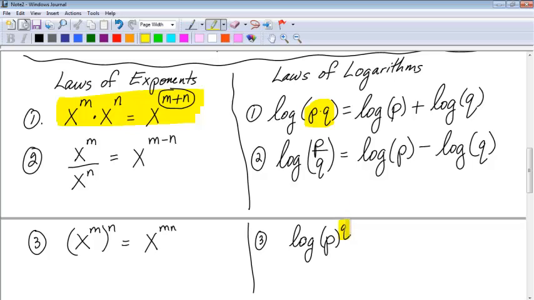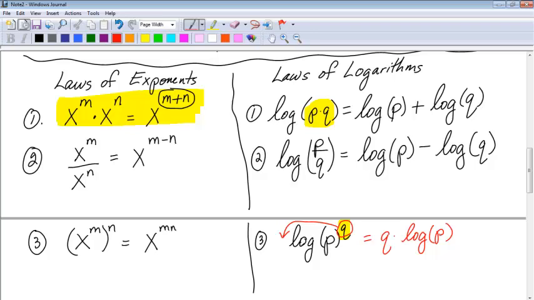What you do is you take this exponent, and it's going to move out front because you're going to multiply. So you're going to take q times the log of p. Okay, so let's verify those laws on the calculator.